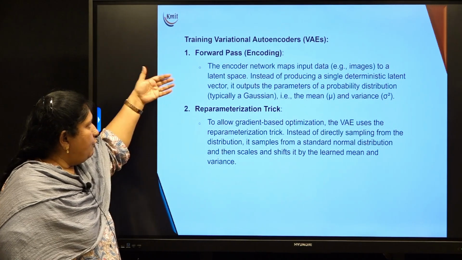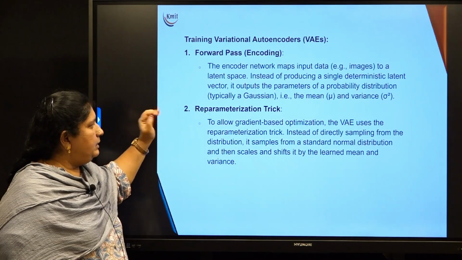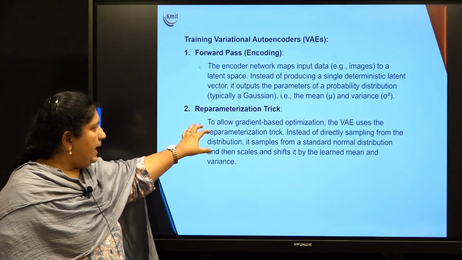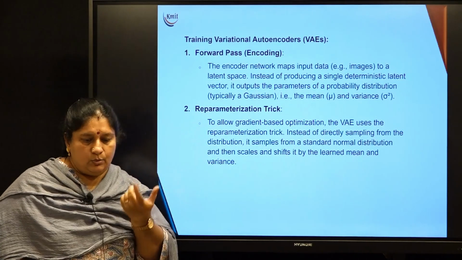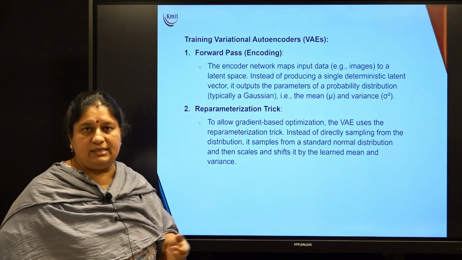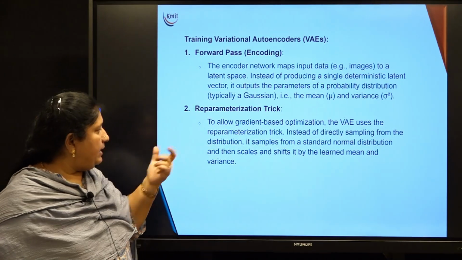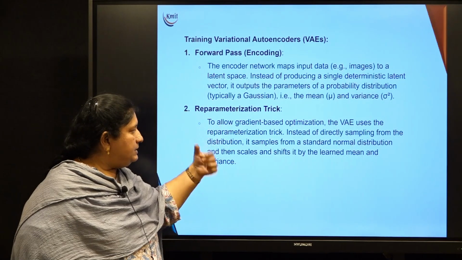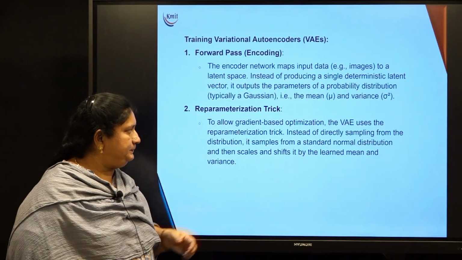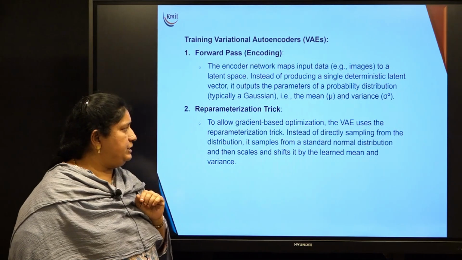After this forward pass or encoding is completed, we go for the reparameterization trick. It allows us to apply gradient-based optimization. So this reparameterization trick is basically used whenever we want to apply gradient-based optimization.